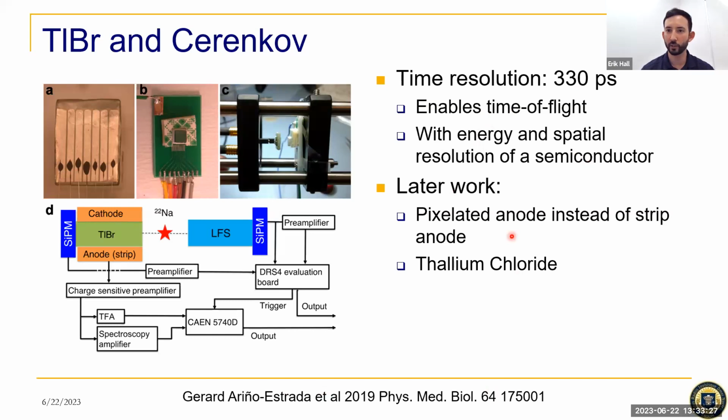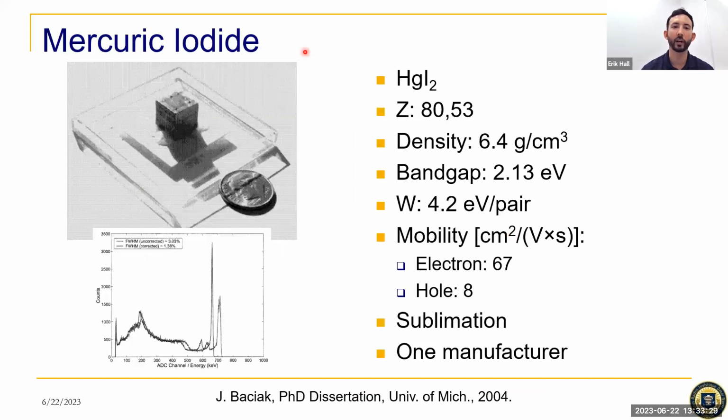Okay, so another material is mercuric iodide, which hasn't been researched recently, but our group was working with it while it was available, I think in the early 2000s, like 1998 to about 2006. With mercuric iodide, you can see a crystal here.